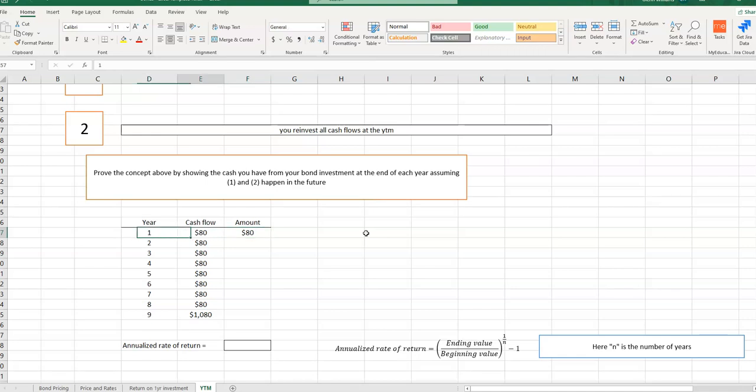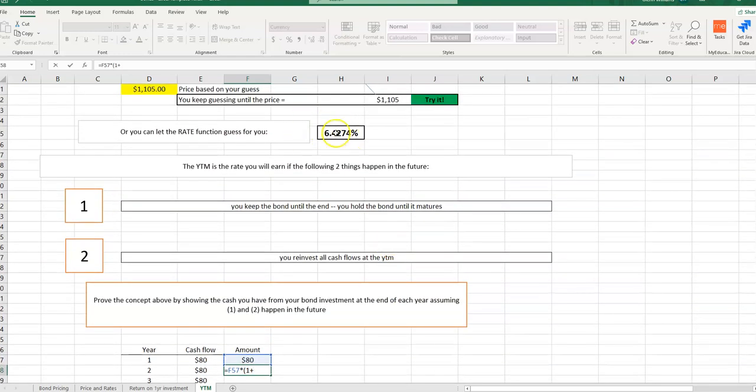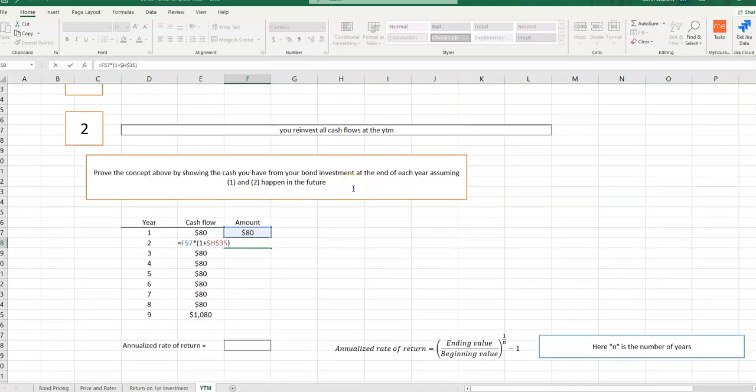After 1 year, I'll collect that $80 and put it in the bank. Over the next year, I'm going to assume that I'm earning the yield to maturity rate. So that $80 will sit in the bank and earn 6.4274%. And then at the end of the year, I'll collect the next $80 and add to it.